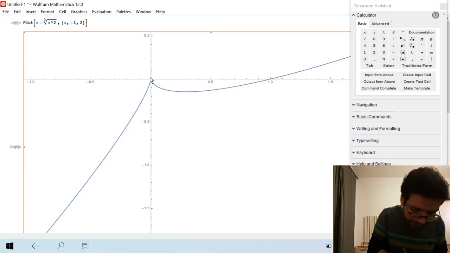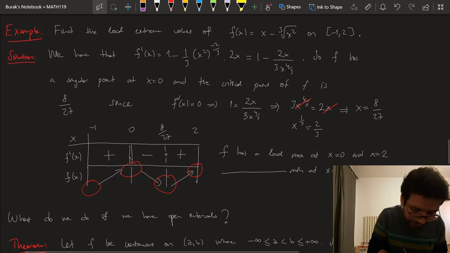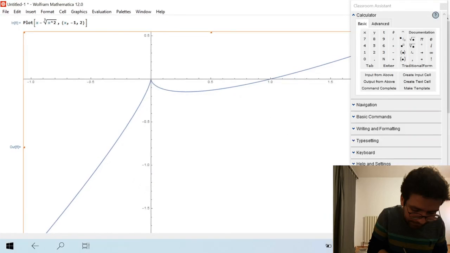My function is decreasing up to that point, and then after that it starts increasing again. Okay, so this is the graph of this function, and let me make this smaller.